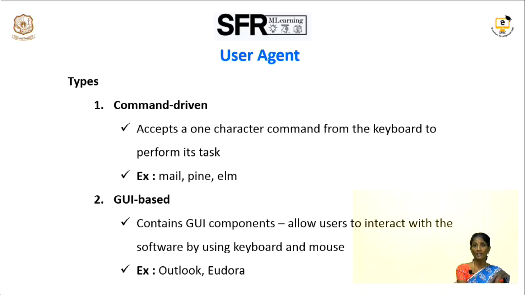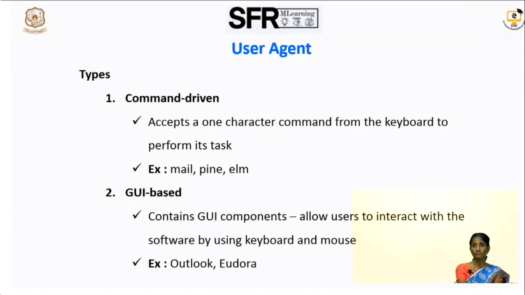For example, mail, pine, elm. A GUI based user agent contains graphical components. This GUI based user agent allows users to interact with the software by using the keyboard and mouse. For example, Outlook and Eudora.